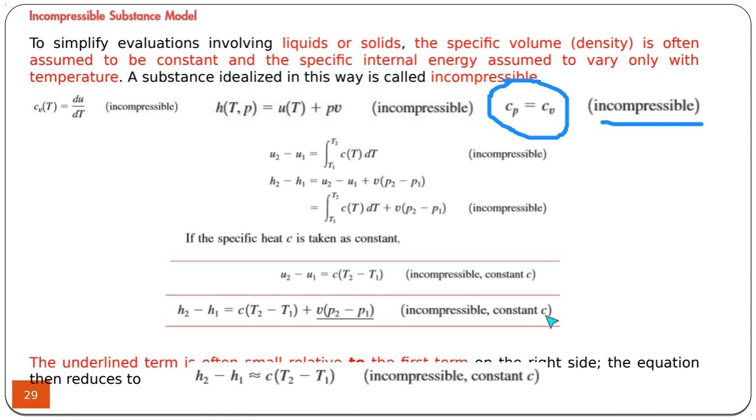If C is taken to be constant, or average, if you take an average specific heat between the temperatures T1 and T2, you can always use it as C times T2 minus T1. So in this case, you have a constant average C, or you can calculate the enthalpy by using the average C again. Also, you may need to consider the effect of the pressure change.